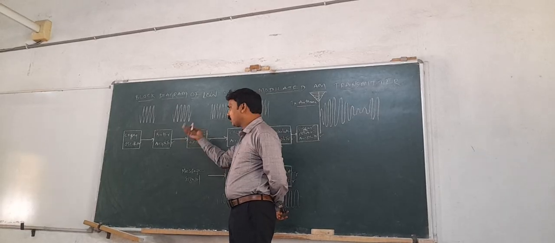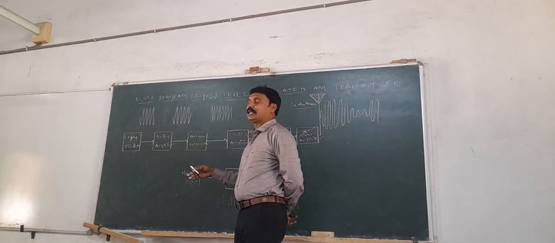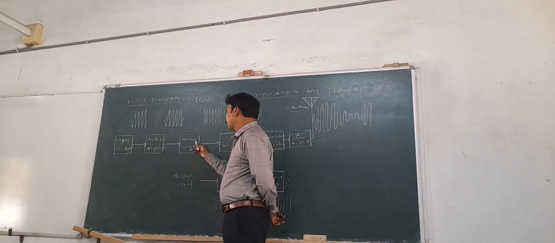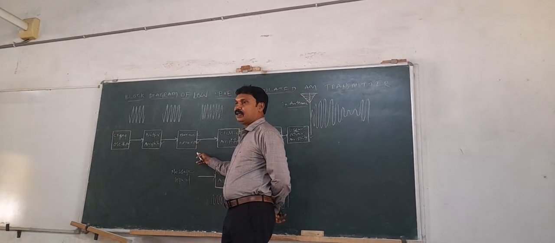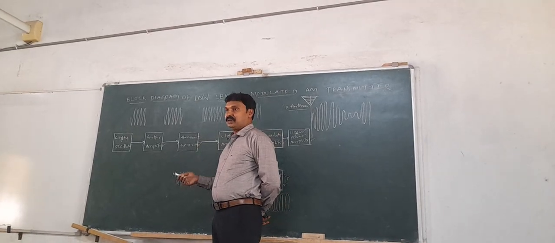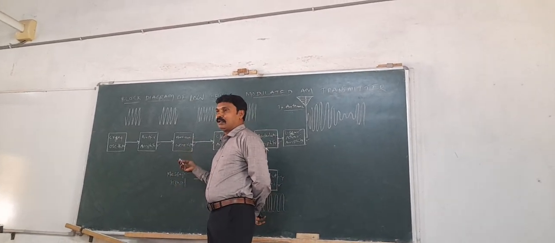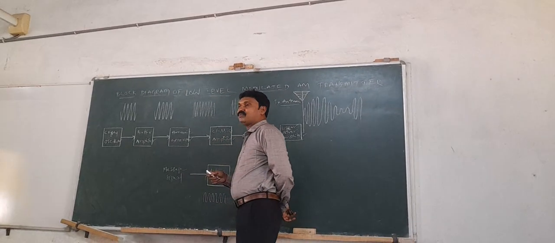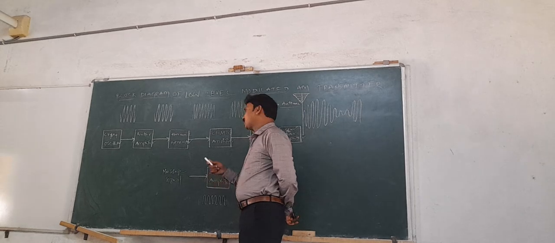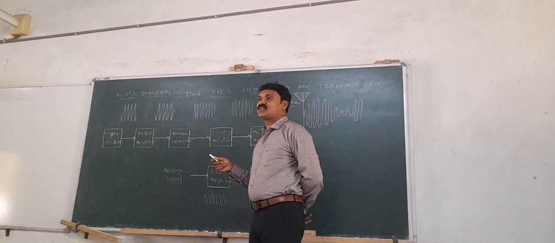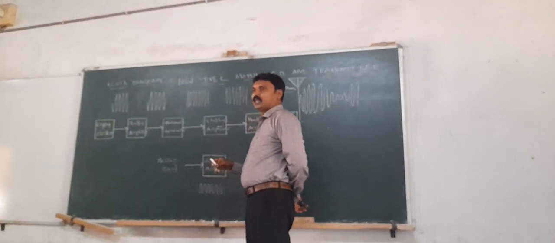The carrier frequency already produced by the crystal oscillator has to be multiplied. Now the carrier frequency will be increased from low level to high level. That is applied to the class C power amplifier. As we know, the class C power amplifier is used to increase the efficiency of the carrier frequency.